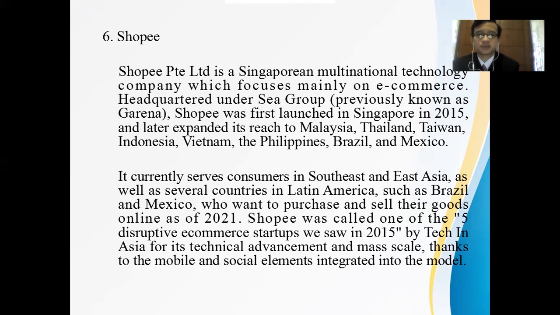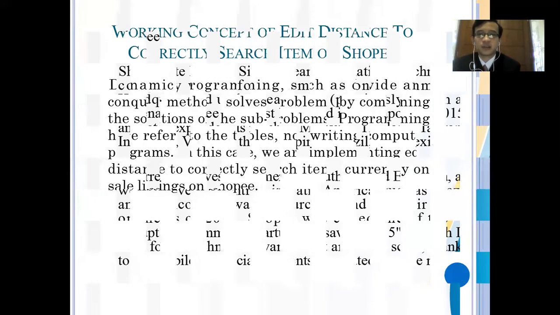Shopee was first launched in Singapore in 2013 and later expanded its reach to Malaysia, Thailand, Taiwan, Indonesia, Vietnam, the Philippines, Brazil, and Mexico.